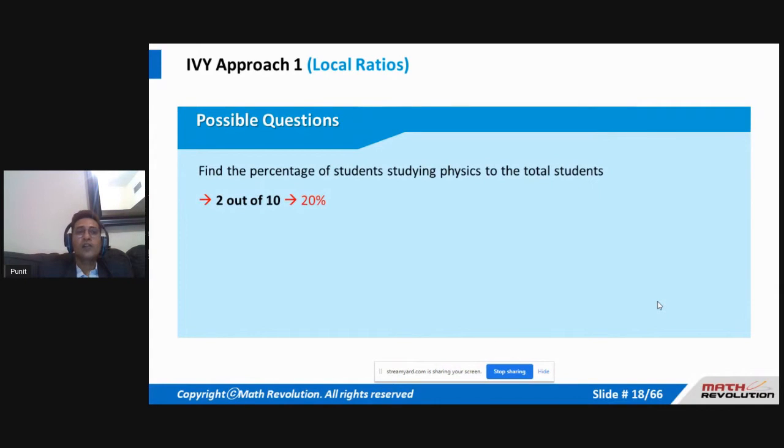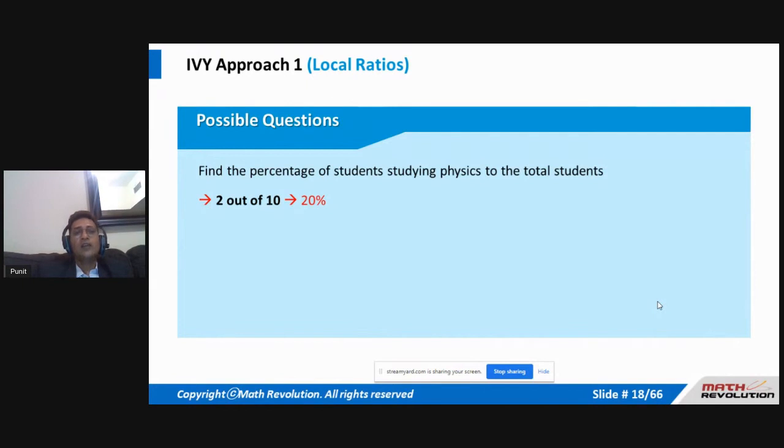Now let's think about a possible question that they can ask in this general format. The question could be framed as: find the percentage of students studying physics to the total students. Now, when we see the word "to", we know that it's a ratio, and we have to deal in terms of percentages.